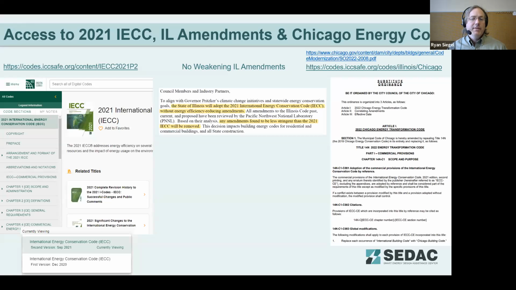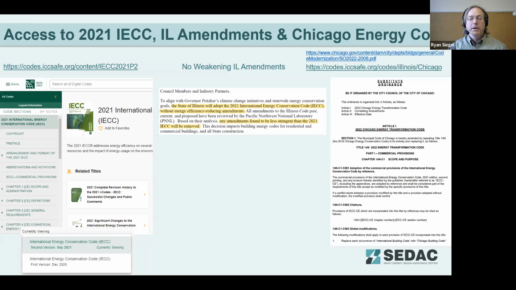We do have a note here that Illinois is slated to adopt the 2021 IECC with some amendments. Several amendments were proposed and approved through the Capital Development Board back in June of last year. However, this has later been revised, and Illinois is proposing to remove any of those amendments that were weakening the code below the 2021 IECC as written.